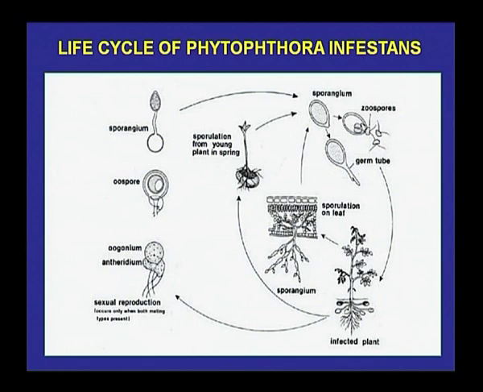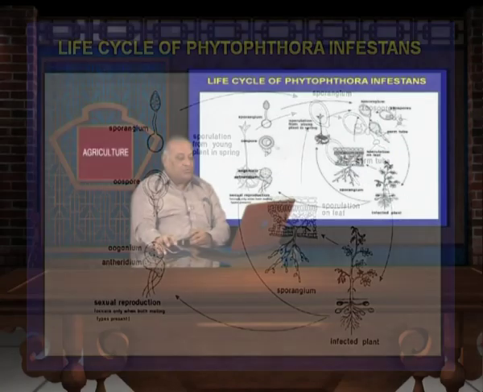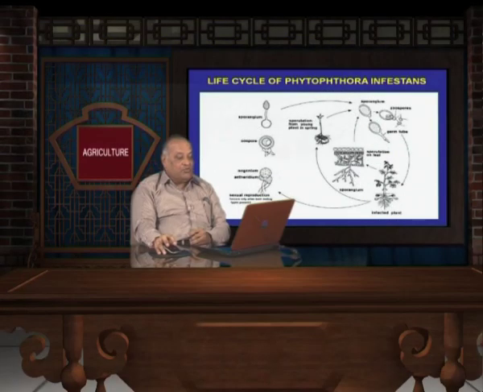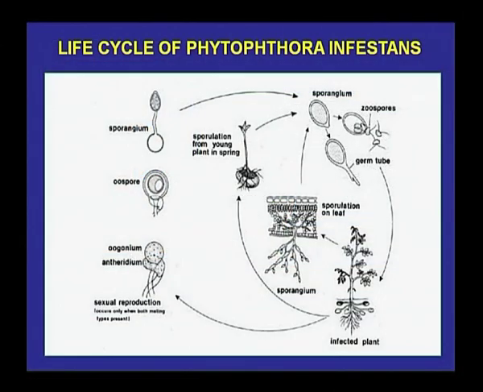This is the life cycle of Phytophthora infestans, where we see that oospores remain always in the soil and on the plant debris in the farm. They germinate to give sporangium, and when sporangium germinates, it directly gives the germ tube, or it produces swarming zoospores with flagella, and they in turn infect the plant.